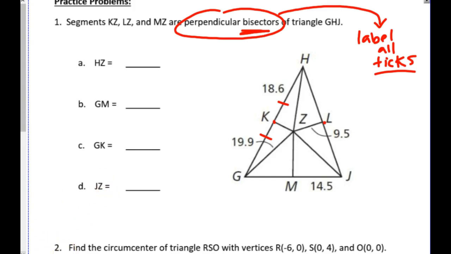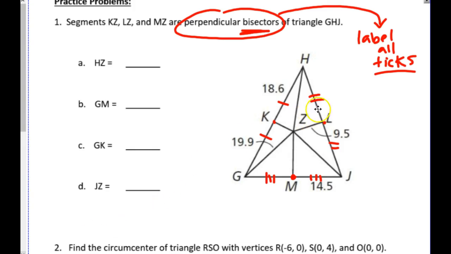L is a midpoint, so what do I put next to those? 2 tick, 2 tick. Okay, M is a midpoint, so I put 3, 3. So, for sure, if you have perpendicular bisectors, you should show me that with those tick marks, okay?